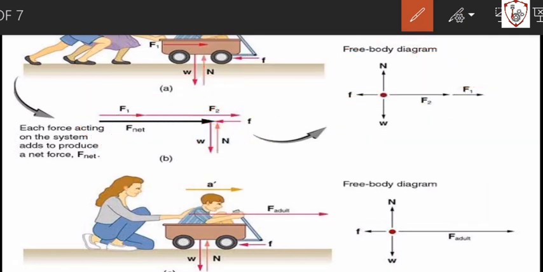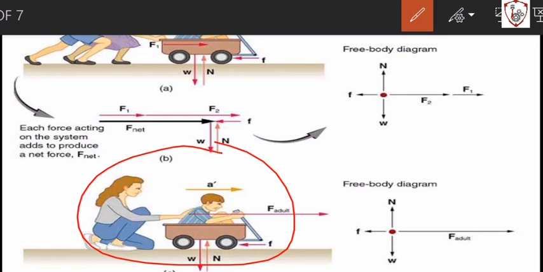Another look at the same idea. This picture shows the mother pushing the boy on the cart. It has an acceleration, say a. The forward force is represented as F adult. Weight is downward, W, normal force upward, and frictional force in the backward direction.